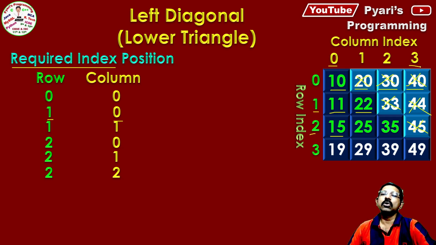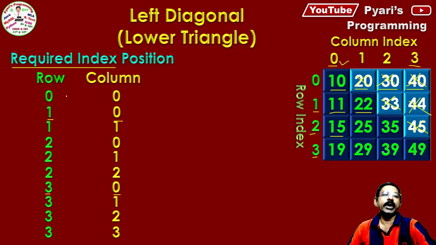The next required part is 3, 0, that is row 3 and column 0 index position, that is 19. In the same way, row 3 column 1 position, that is 29. Row 3 column 2 position, that is 39. Like this, row 3 and column 3 index position, that is 49.